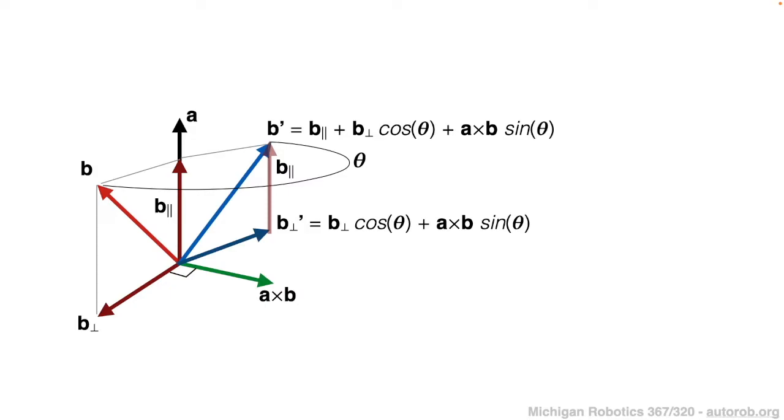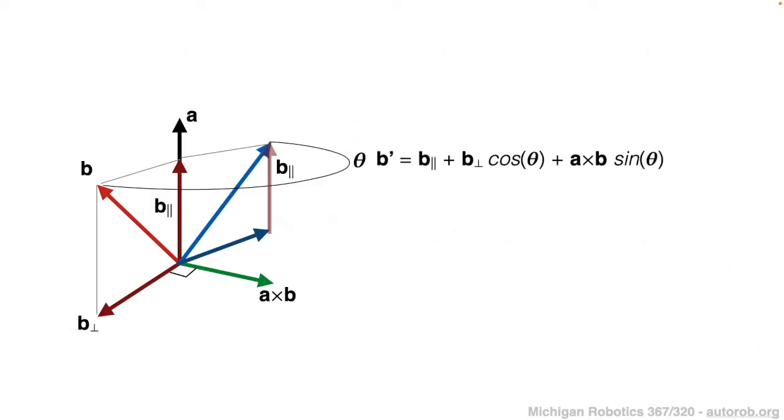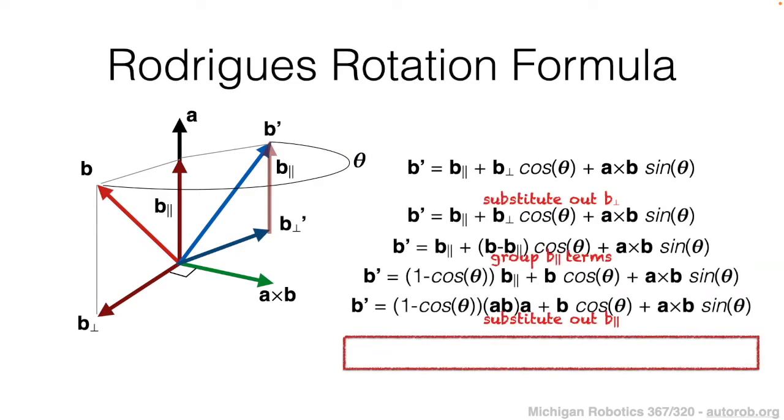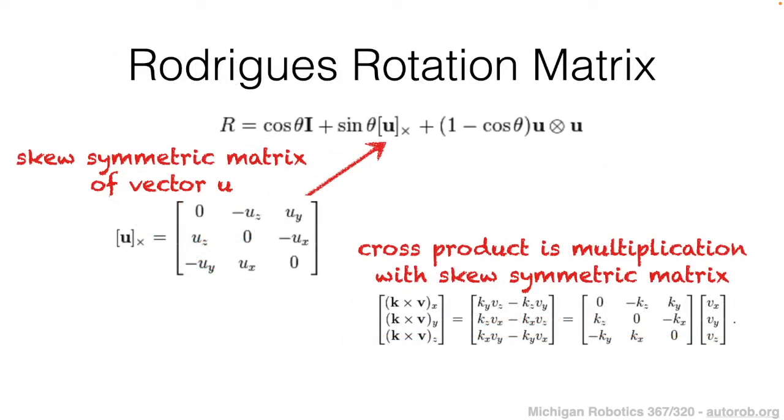So at this point, we think we know how to transform this vector B about A using a rotation of theta degrees. But one thing that we might want to do is simplify this expression that we've arrived at. We can follow substitution and grouping steps to simplify this equation slightly, until ultimately we can realize that this expression can actually be implemented in matrix form.